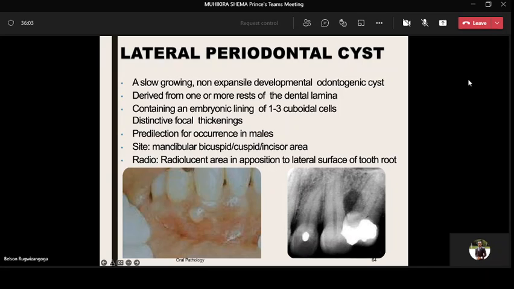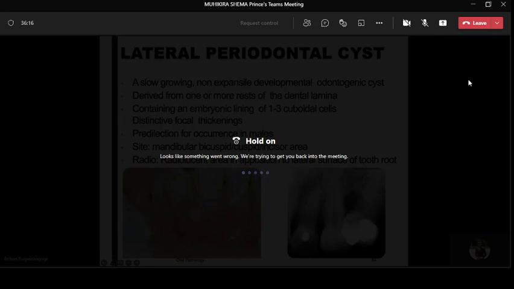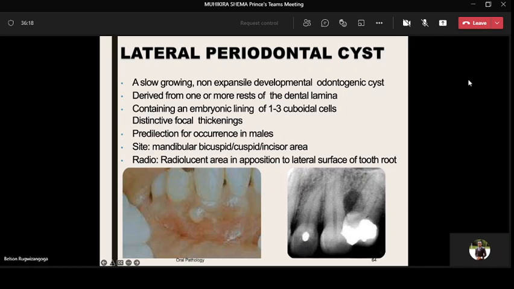Periapical cyst results when the rests of Malassez cells in the periodontal ligaments are stimulated for the tooth.